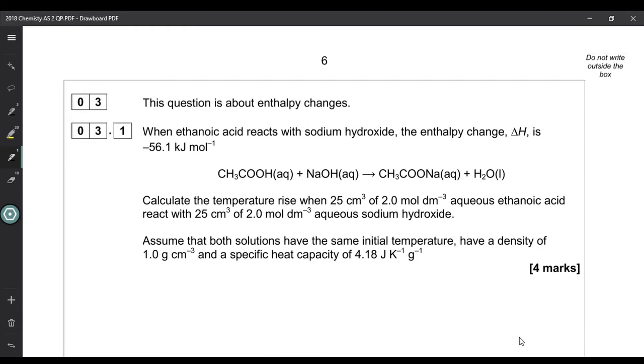Question 3 is about enthalpy changes. So we're told that ethanoic acid reacts with sodium hydroxide and the enthalpy change is minus 56.1 kilojoules per mole.